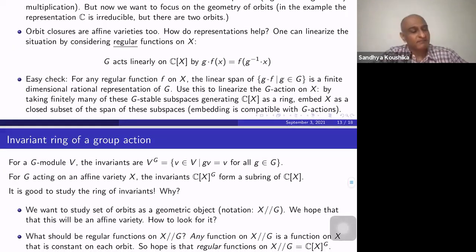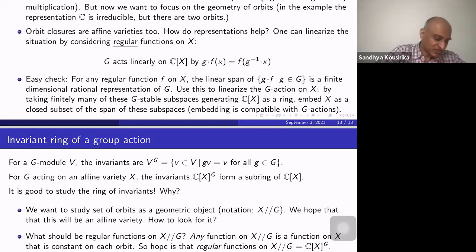Now, this quotient just as a set, if I think of arbitrary functions on the quotient set, is precisely the set of functions that are constant on every orbit of the group action. But I don't want all functions. I want things that I can designate as regular functions. Now, what better place to look than the regular functions on X itself? So I look at the regular functions on X and I simply take those functions that are constant on orbits.